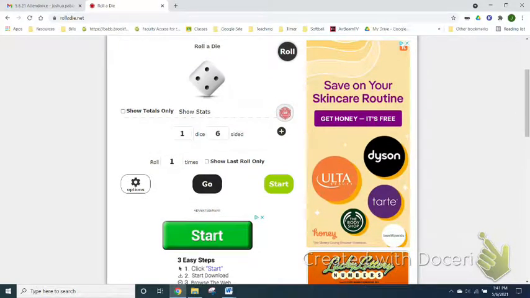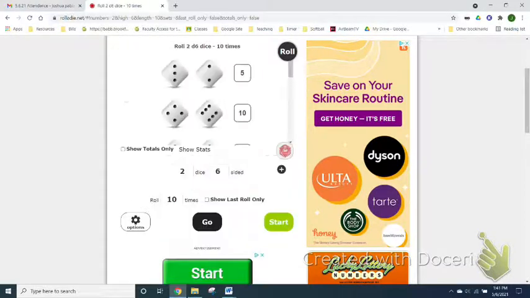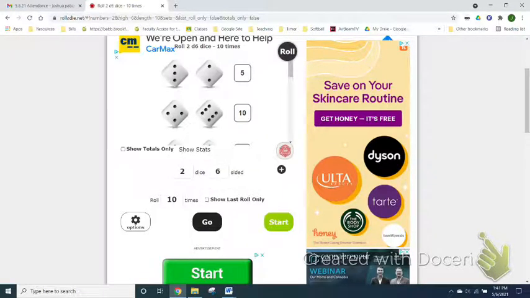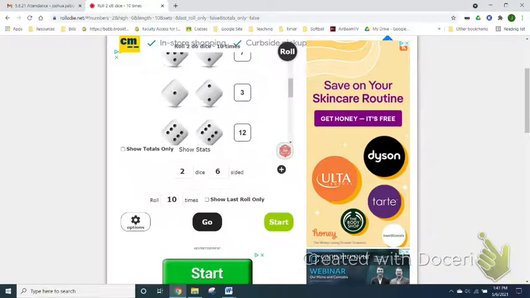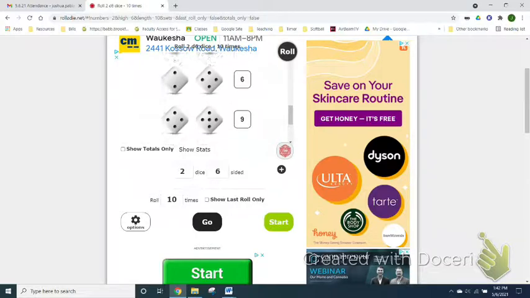Okay. So we have 1 die. We're going to roll 2 die. We're going to roll it 10 times. And we're going to see how many of these add up to 4. So make sure I don't miss any.